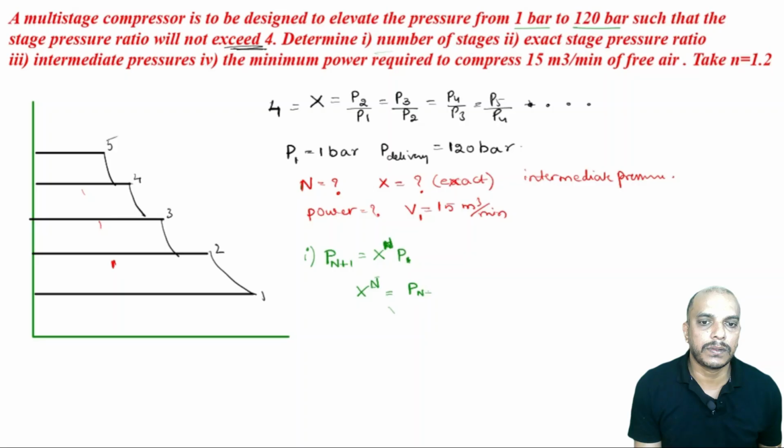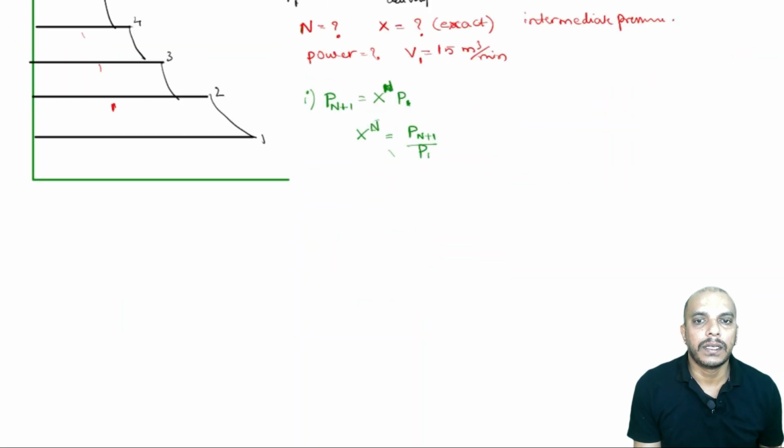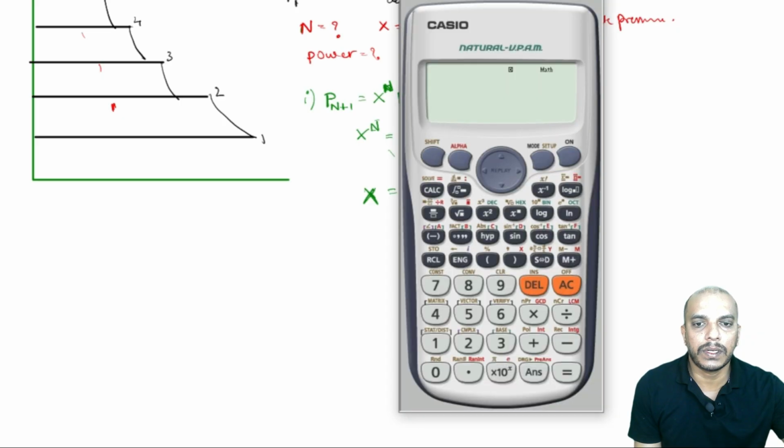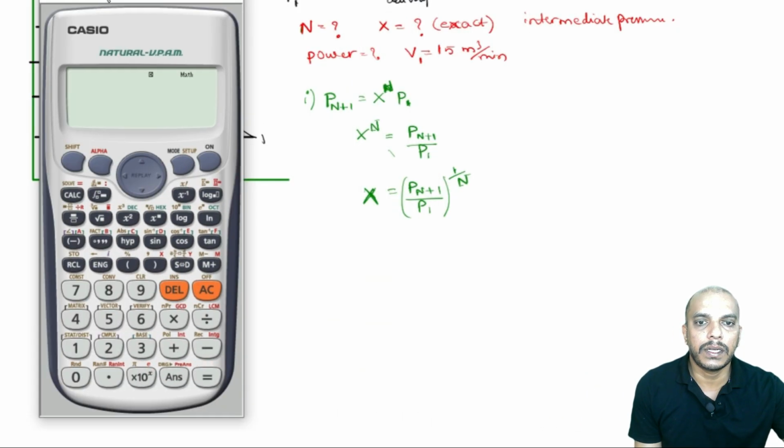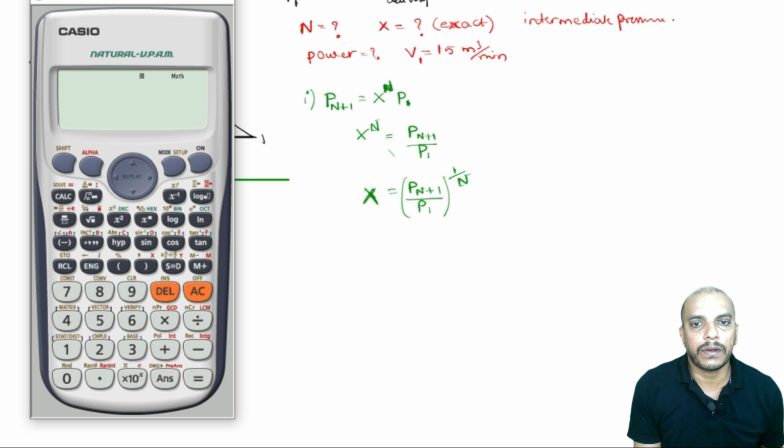So, P n plus 1 divided by P1, or we can say x is equal to P n plus 1 divided by P1 whole power 1 by n. So, this is actually optimum pressure ratio, but anyhow we will try to find out what is required. So, we require the value of n, number of stages.